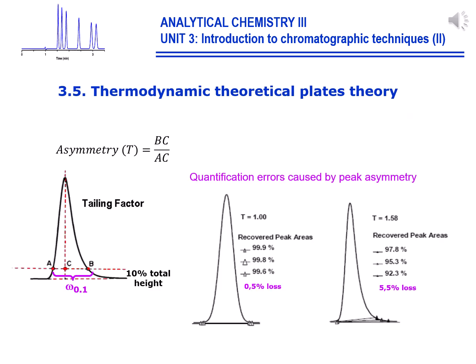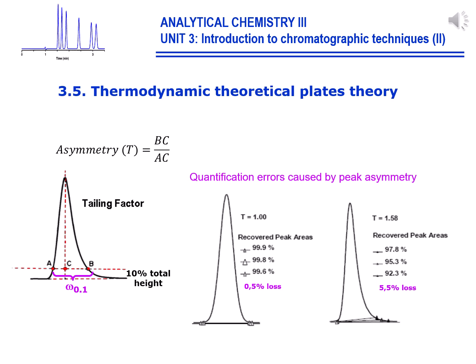The asymmetry, therefore, can be defined as the ratio between the two segments of the chromatogram, BC and AC, defined from the vertical line starting at the peak maximum. This asymmetry can affect the quantification of the peak and its error, because as this value increases, the peak tailing increases.